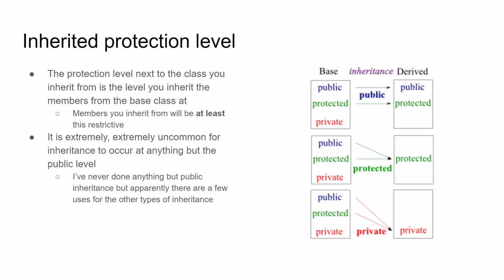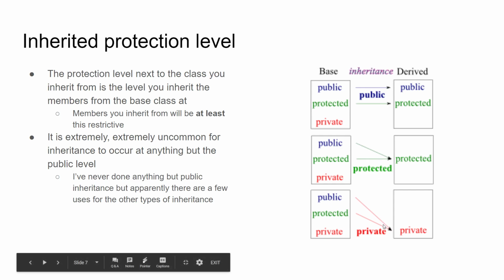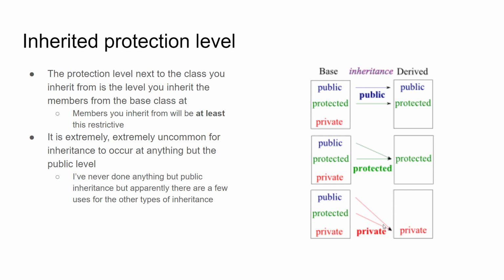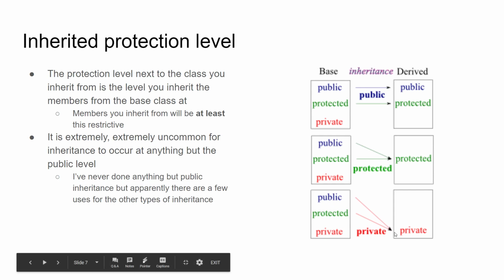What was protected, since it's more restricted already, stays at the protected level. But if I inherit at the protected level, I say everything that I inherit from my parent must come into me at the protected level. So the public level gets upgraded to protected inside yourself now. And again, the protected still stays at protected. And then if I inherit at the private level, everything has to be upgraded to at least private level protection inside myself. So both public and protected get upgraded to private inside the class.